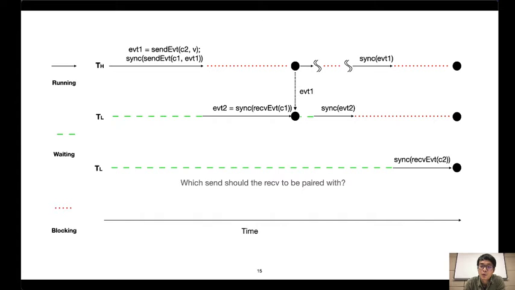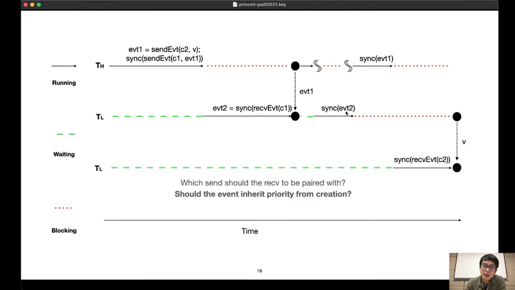And we want to consider the priority. However, there are different options. Should we have the event inherit priority from creation? If so, this EBT2 was created under the context of a high priority thread, right?